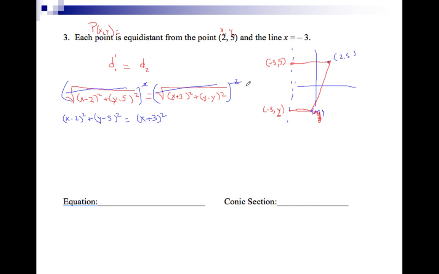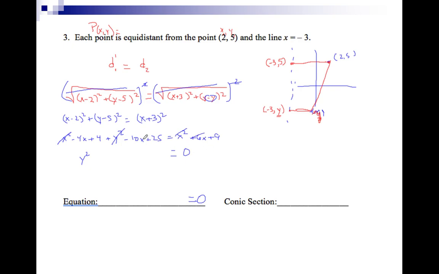Right? Square roots and squares undo one another, and this is 0. So now I'm just doing algebra. I have to get an equation equal to 0. So I'll make this side equal to 0, which means I take x squared and subtract it from this x squared. There's no x squareds left. I have a y squared over here, no y squareds.